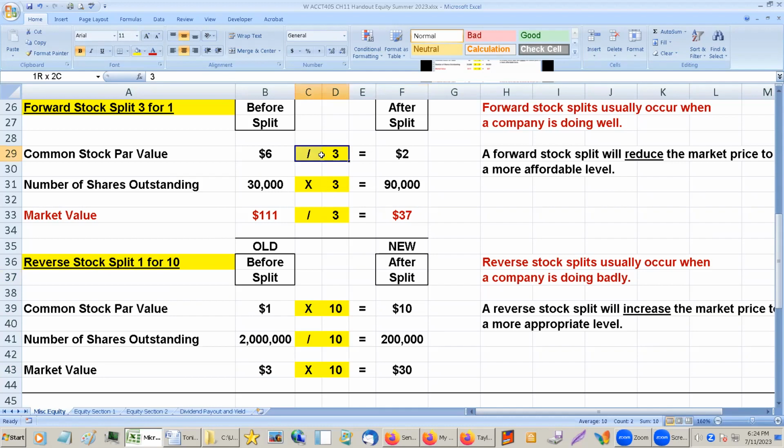So you can kind of see that these are sort of the opposite of these up here.